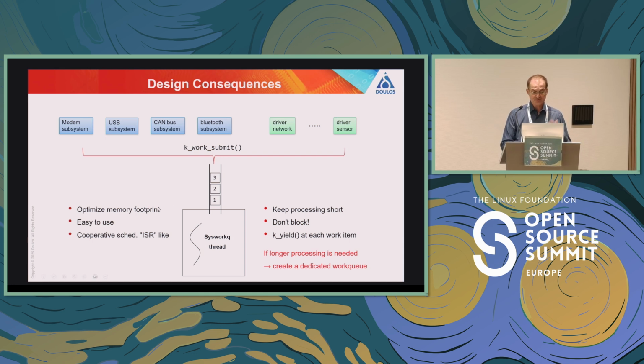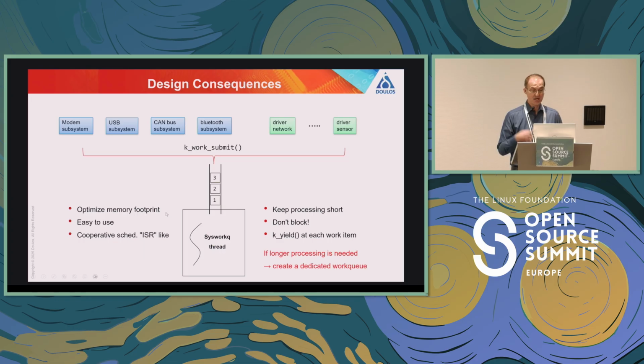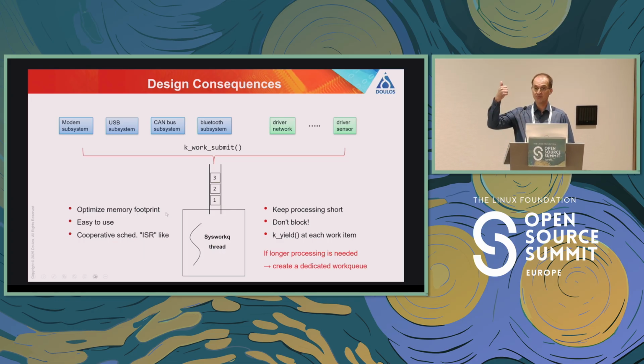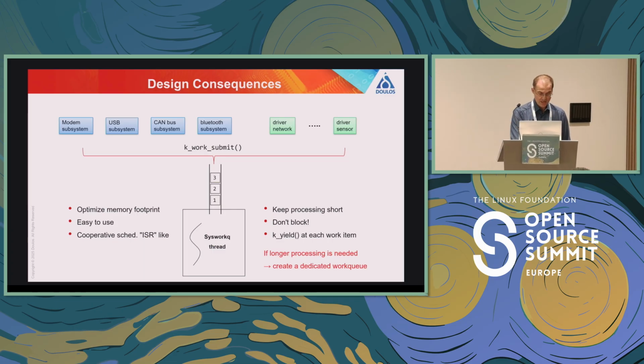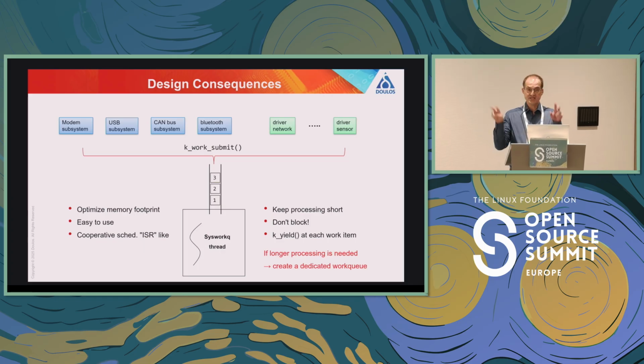So first of all, on the positive side are the nice things about the system work queue. We have only one thread, and we can potentially serve all these subsystems and drivers, so we are saving resources. It's easy to use, as you have seen, and the fact that it's cooperative scheduling, it behaves ISR-like.